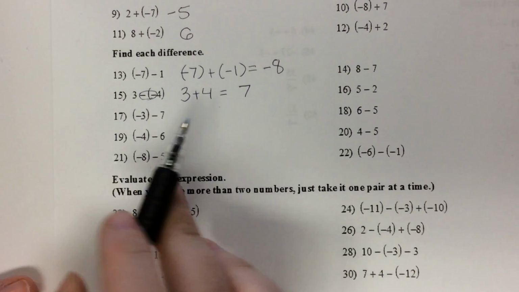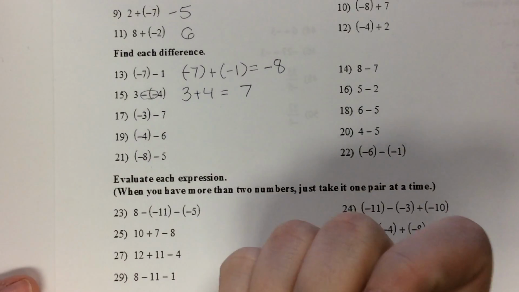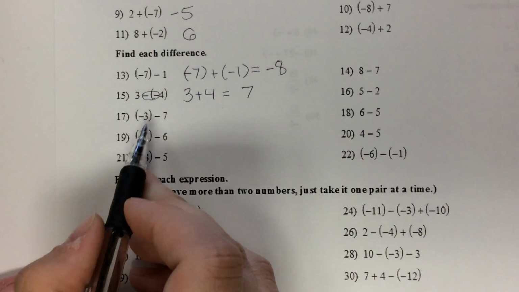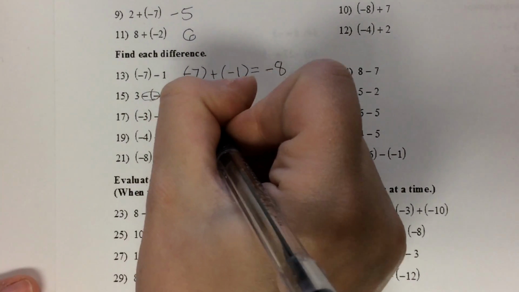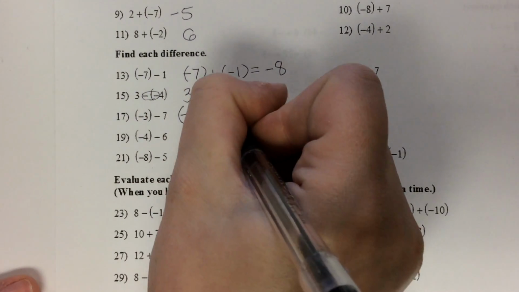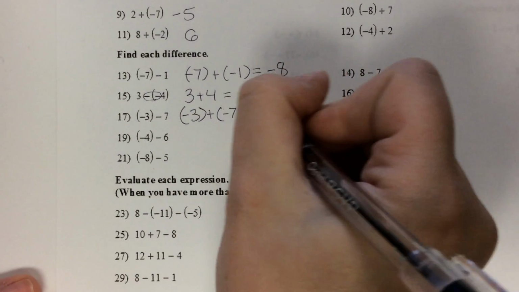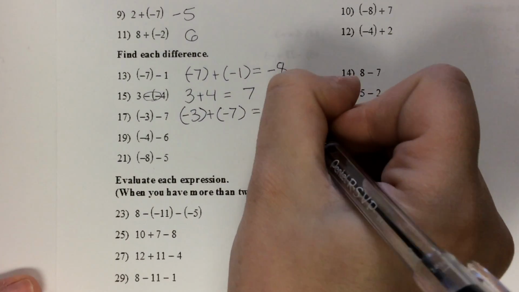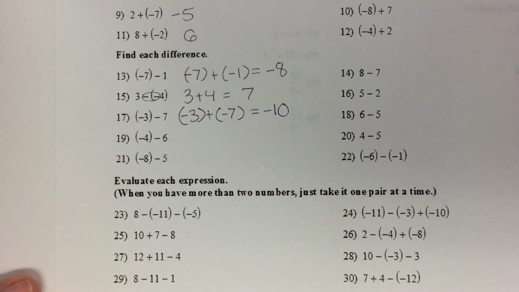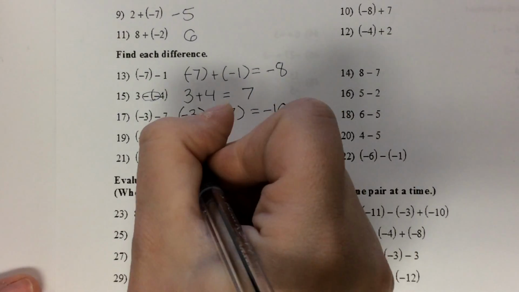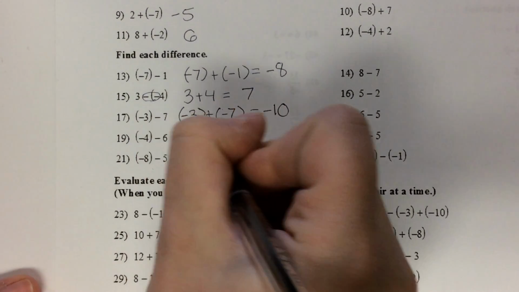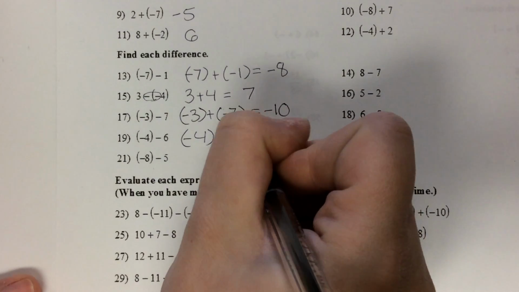Okay. So keep going down the line, and I'm going to go through this more quickly now. Negative 3 plus negative 7. Same signs, add them, and keep the sign. Here, negative 4 plus negative 6.